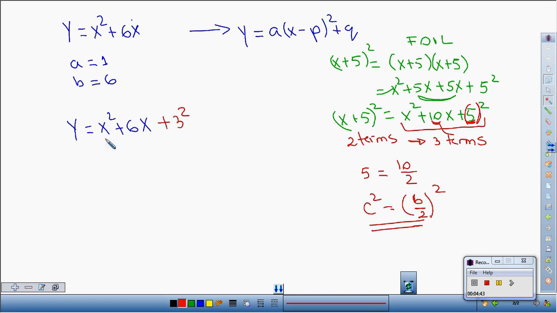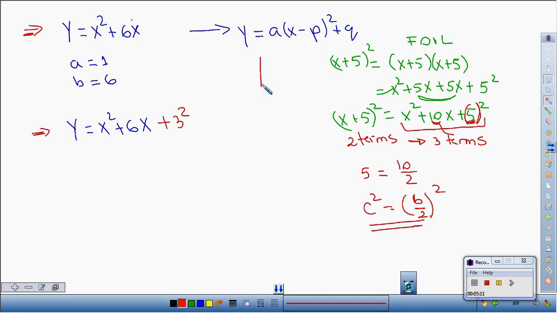Now, can I stop here and just create my perfect square, or do I have to take care of one more thing? Well, let's review both expressions. Are they the same, or did I just change my function to create that perfect square? I'm hoping that you can see that I've just added 3 squared, or 9, which increases the value of my function.